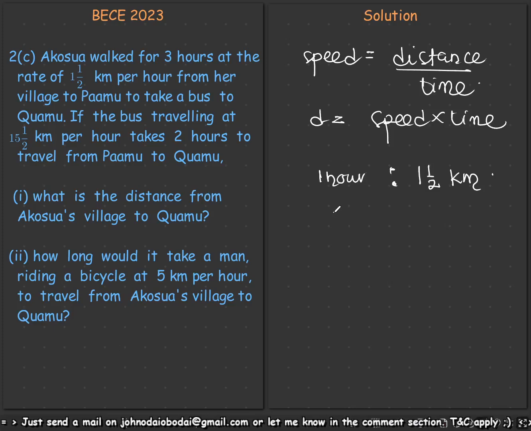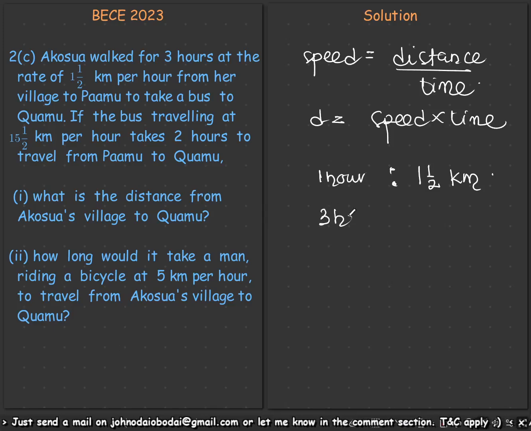But she did that for 3 good hours. So if every 1 hour you are walking 1.5, then for 3 hours you'd have walked more than 1.5 kilometers.